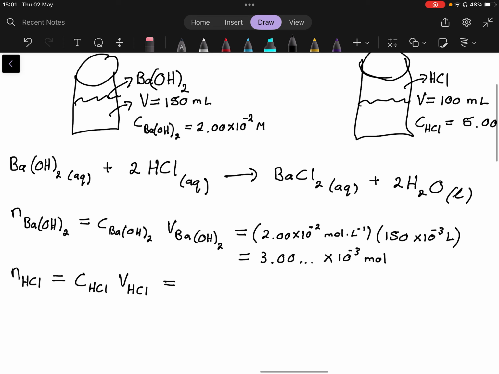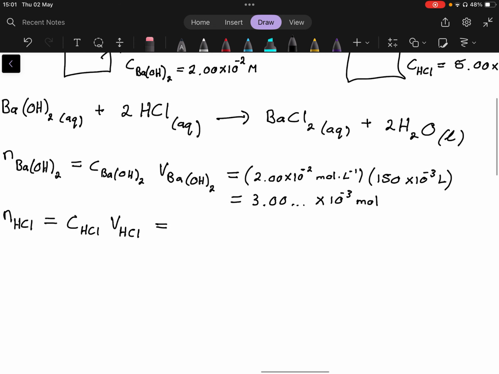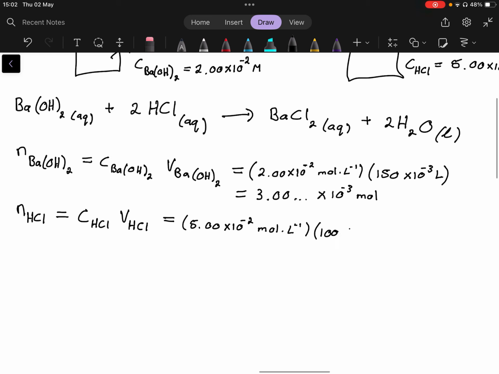It's 5.00 times 10 to the negative 2 mole per liter, multiplied by 100 milliliter. So 100 milliliter is, of course, 100 times 10 to the negative 3 liter.